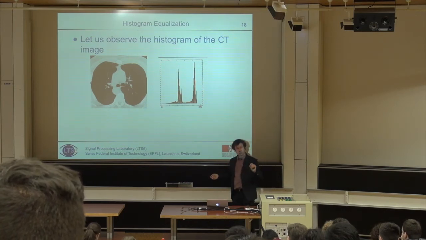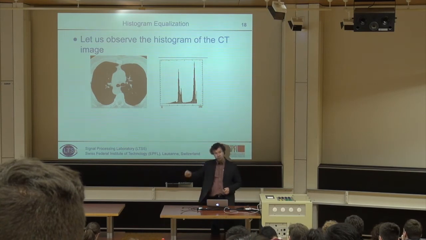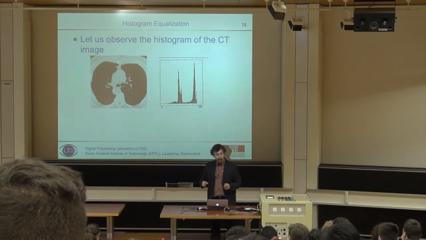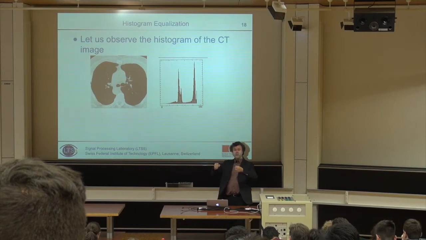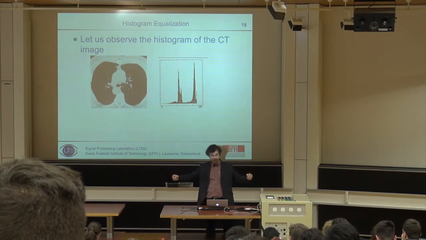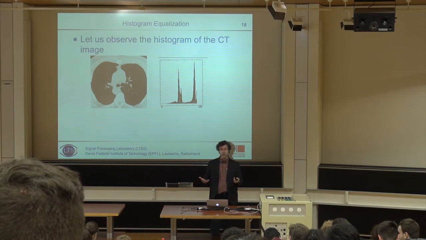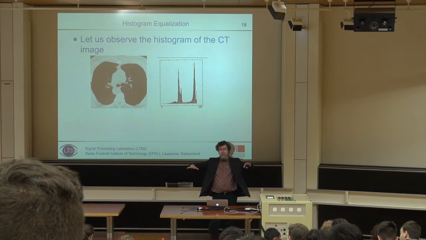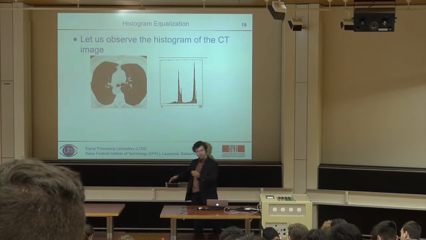It will change the values of the pixels such that the histogram is more equilibrated. Ideally, in an ideal continuous space, the histogram should be completely stretched and become flat over the whole range.